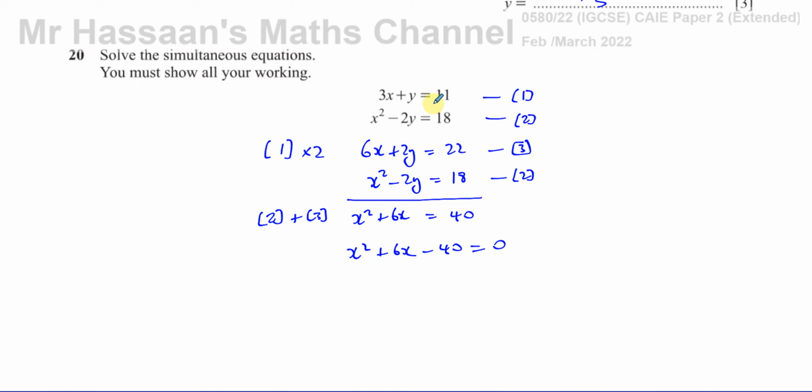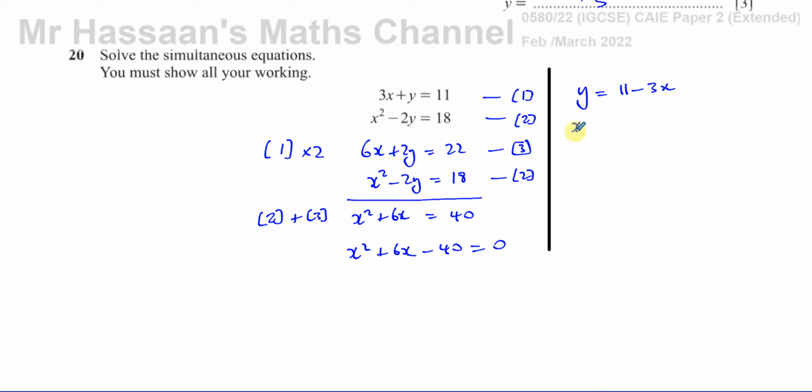You can also do it by substitution. I'll just show you an alternative way of setting up in the beginning. We could have said, okay, let's make y the subject of equation 1. So you have y equals 11 minus 3x, and then substitute 11 minus 3x into this equation to eliminate the y.